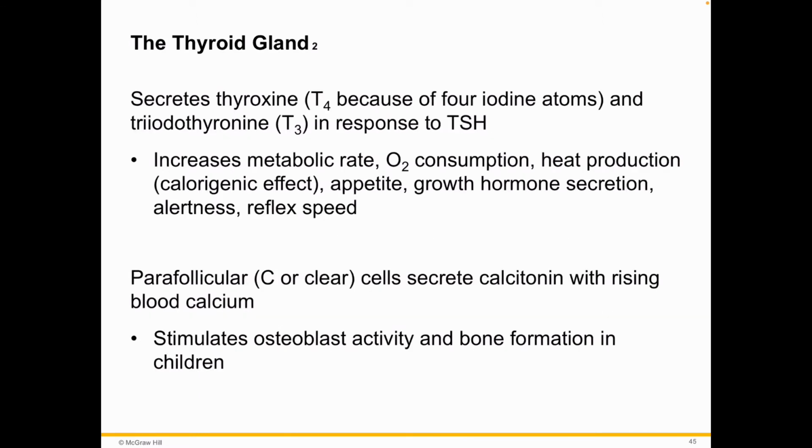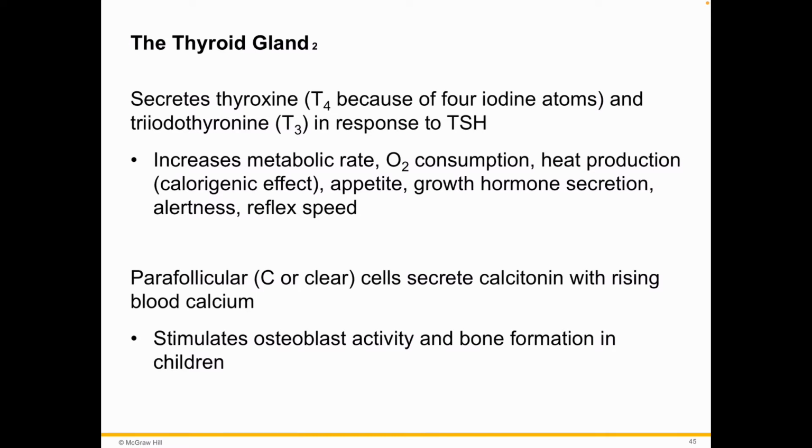Okay. The thyroid gland is going to secrete thyroxine, which we refer to as T4. The reason it's T4 is because there are 4 iodine atoms. And triiodothyronine, T3, has 3 atoms, where the iodo refers to the iodine, right? So 3 tri-iodo.